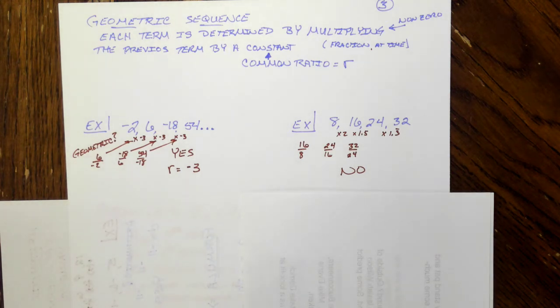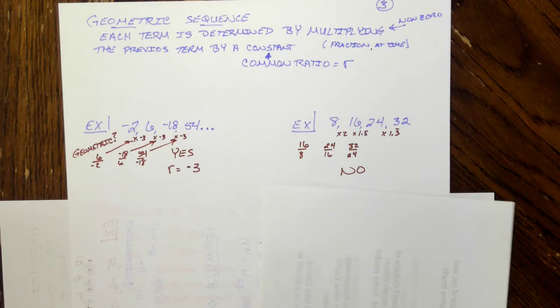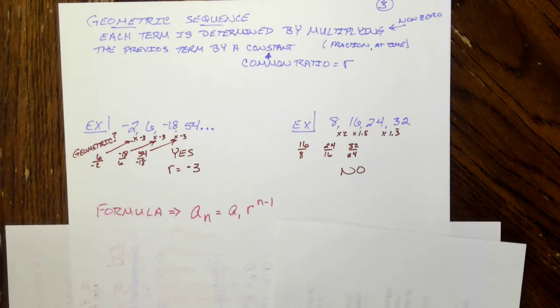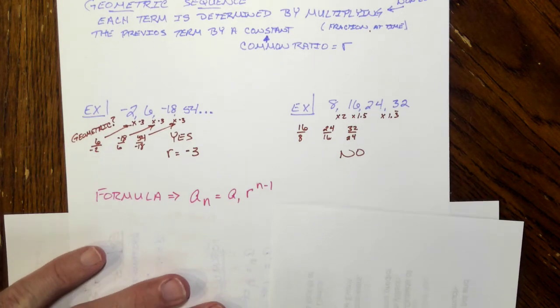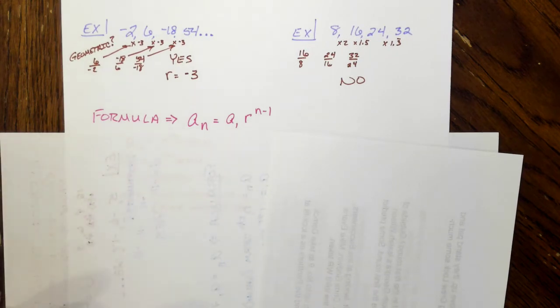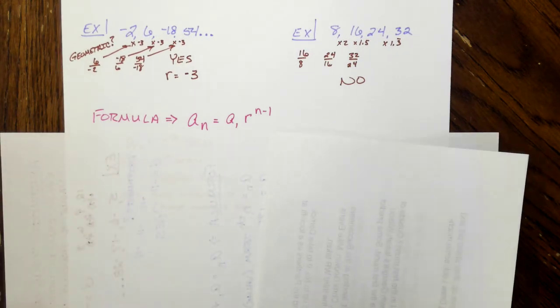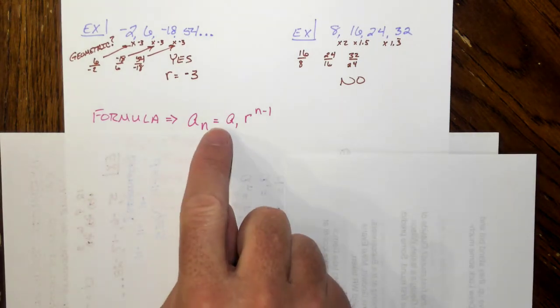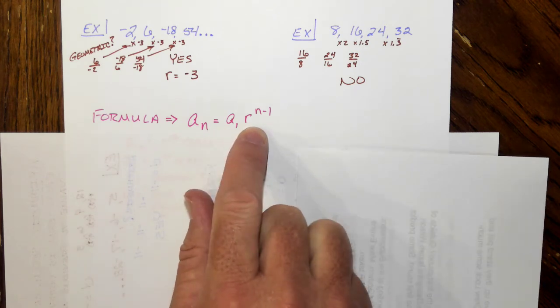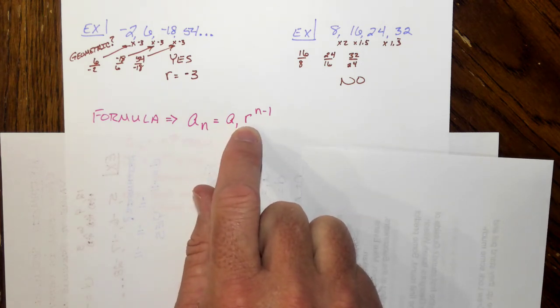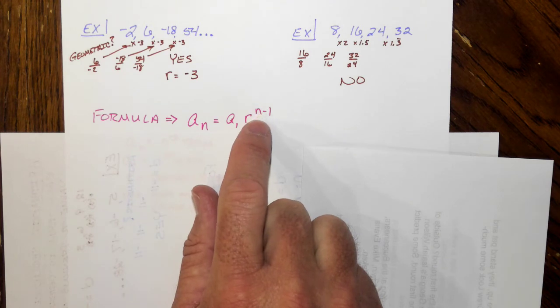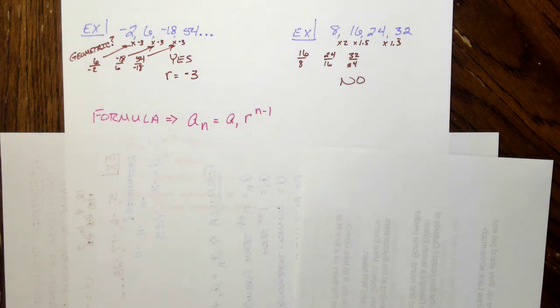Yeah, there is a formula for a geometric sequence as well, and it goes as follows. Notice there are some similarities, but also a difference or two. So we'll have a sub n equals a sub 1 times r to the n minus 1 power. So let's look through this.